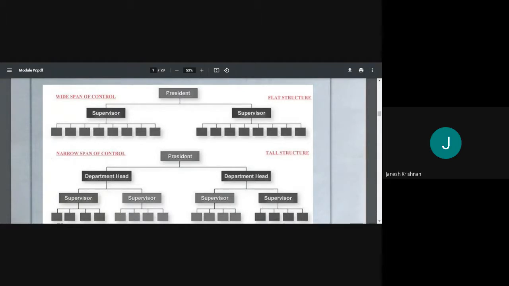Similarly in here we'll have one supervisor having only 4. That's narrow, right? Wide span of control means they will have more number of persons under one supervisor. In narrow span of control, we'll have lesser number of people under one supervisor.